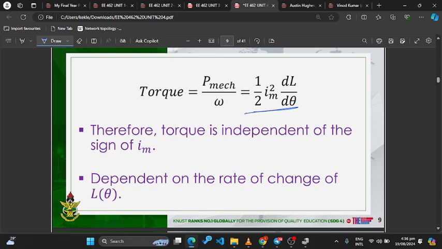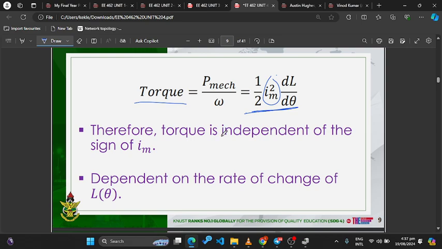It depends on the magnitude of the current, but not on its direction, because the torque is a function of Im squared. So even if you reverse the current, the torque should still be in the same direction. But the torque depends on the rate at which the inductance is changing with respect to rotor position. So the rotor position at any point in time affects the torque that is produced.